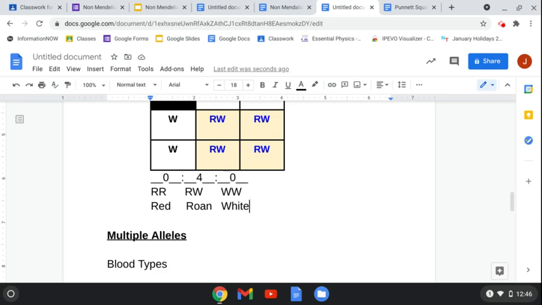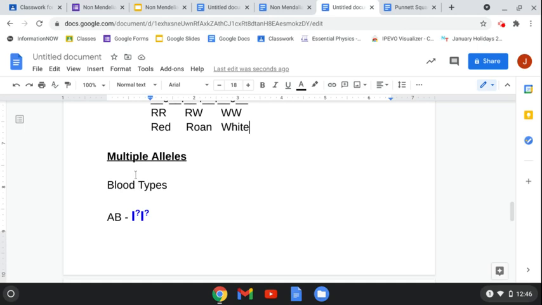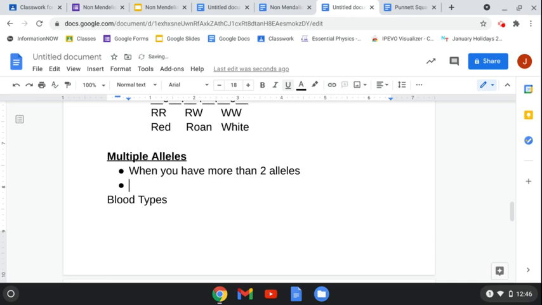And I have one last thing that I need to talk about, and that is multiple alleles. Multiple alleles is when you have more than two alleles. So you have to use superscripts.